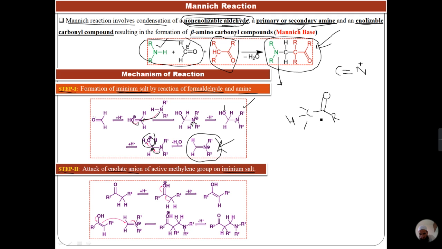This is your carbonyl compound. Now this is one alpha hydrogen, so what it does is it can form the enol, with a negative charge on this oxygen, and this will move to this position.